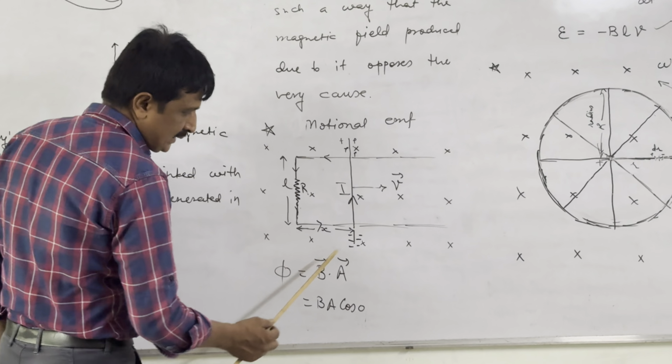V is replaced by omega r, because it is rotating with angular speed omega. So dE is minus B omega r dr.